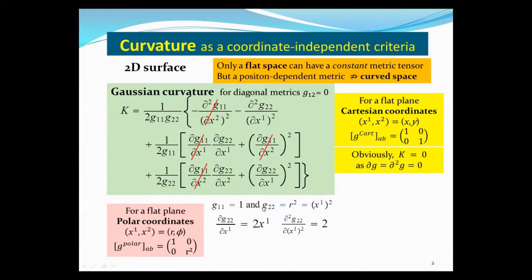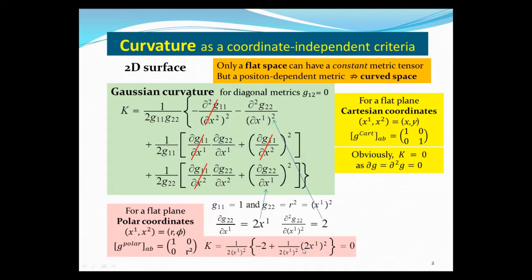First of all, G11 is a constant, so all the derivative terms involving G11 are 0. So only two terms are really left. The second derivative is 2, so this term is 2, and this term is 2 x1 squared. G11 is 1, so K is just 2 G22, which is x1 squared, and this one is minus 2, and this one here is 2 x1 squared, and here the first derivative is squared.